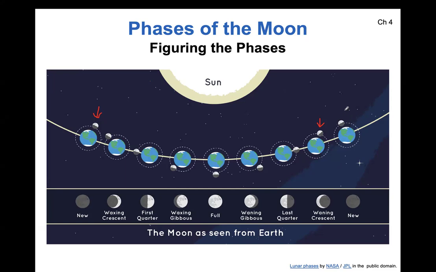So the complete set of phases doesn't end until here, which is at 29 point, I think 2 or 29.3 days. So it takes almost two more Earth days for the moon to complete a set of phases than it does to complete an orbit.